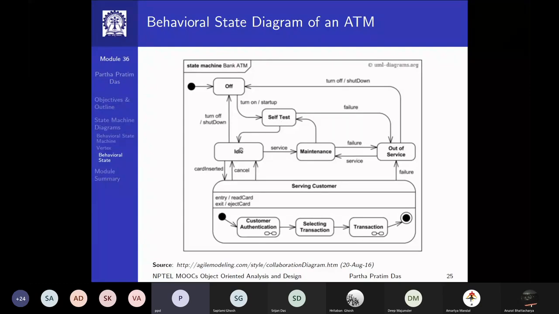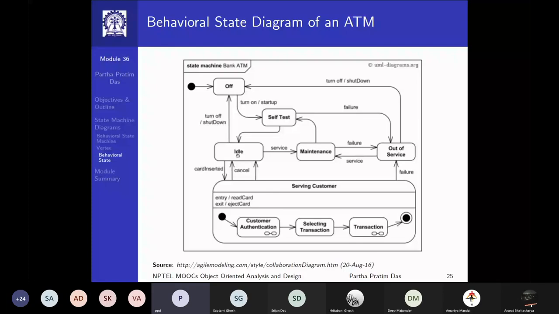Otherwise, it gets into idle. In idle also, it could have issues, so it gets into the maintenance state, out of service, and maintenance could handshake between them. And if it is out of service, typically the machine, if not serviced, could go back to the off state.